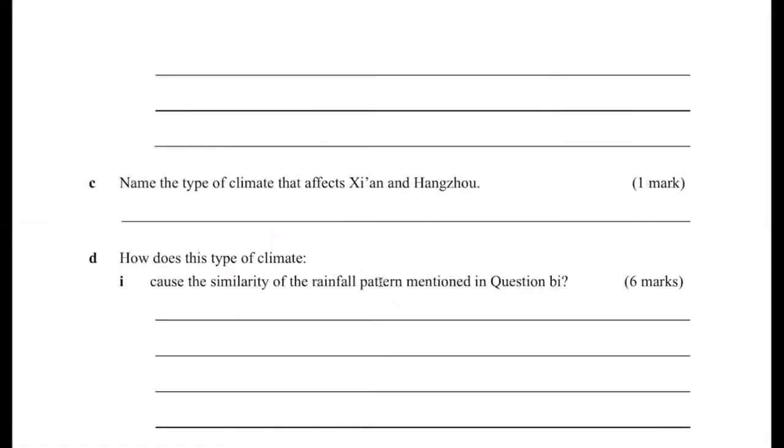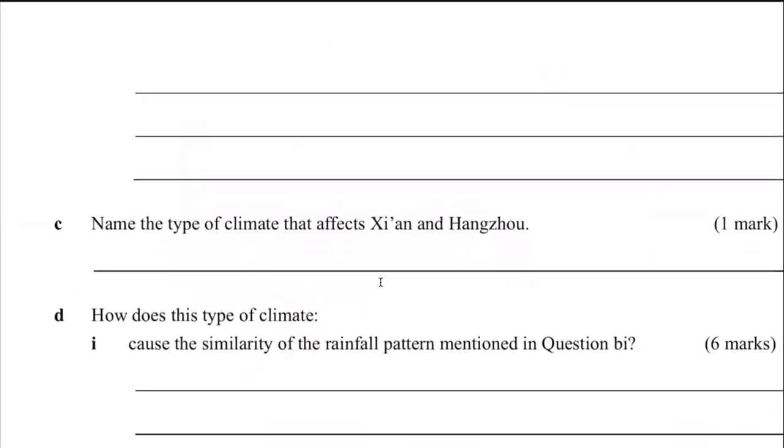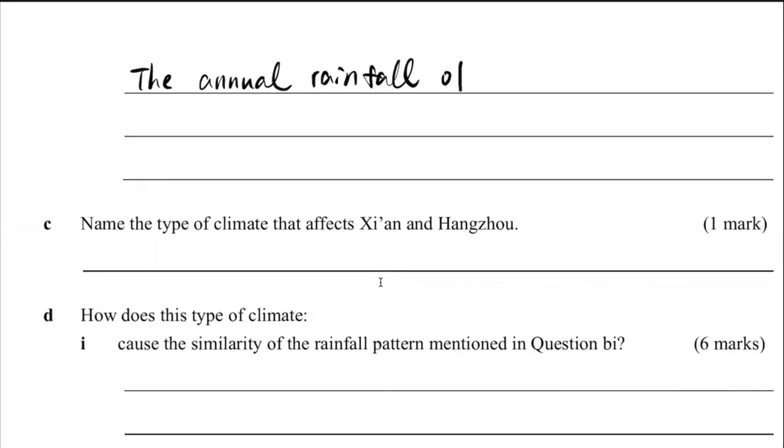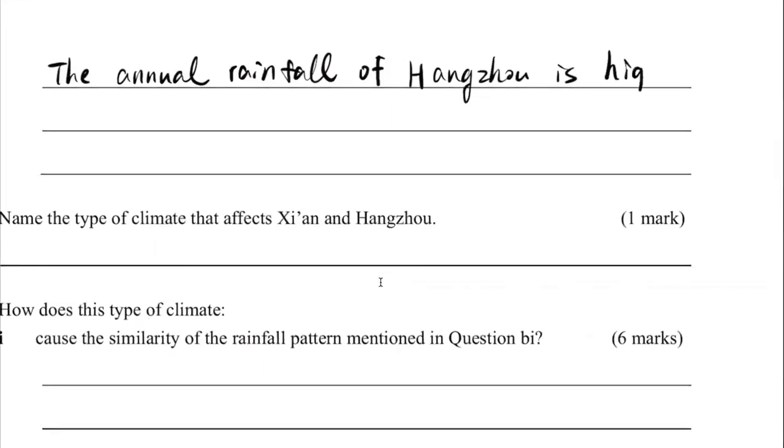So what we should do is to write that the annual rainfall of Hangzhou is higher than that of Xi'an.